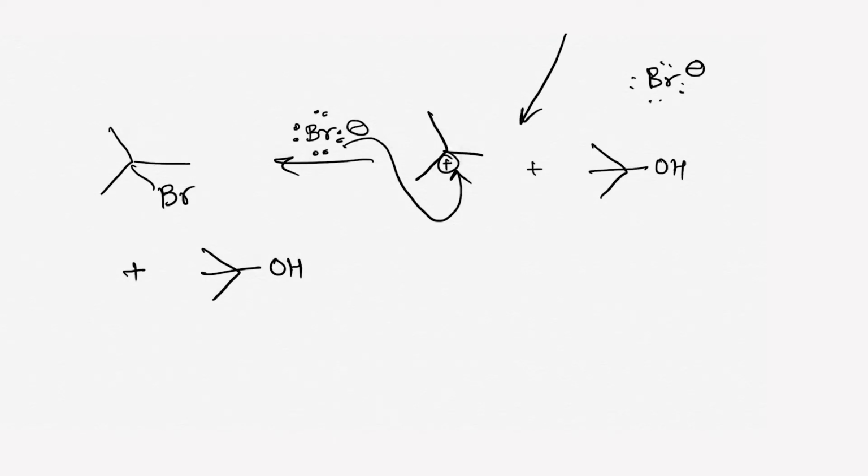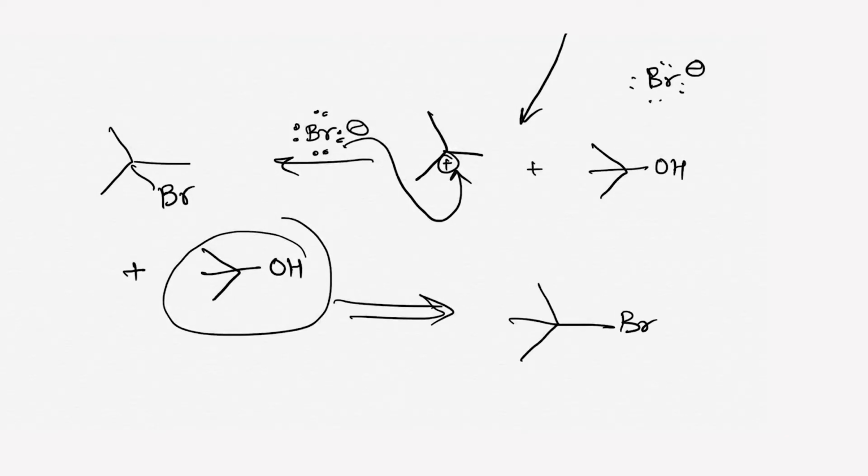But of course, if you keep on doing this reaction, then the tertiary butanol will also over time convert to tertiary butyl bromide. So, it all depends on how concentrated the HBr is, as well as the reaction temperature, but at higher temperature and concentrated HBr conditions, you will form the corresponding tertiary butyl bromide in excess.